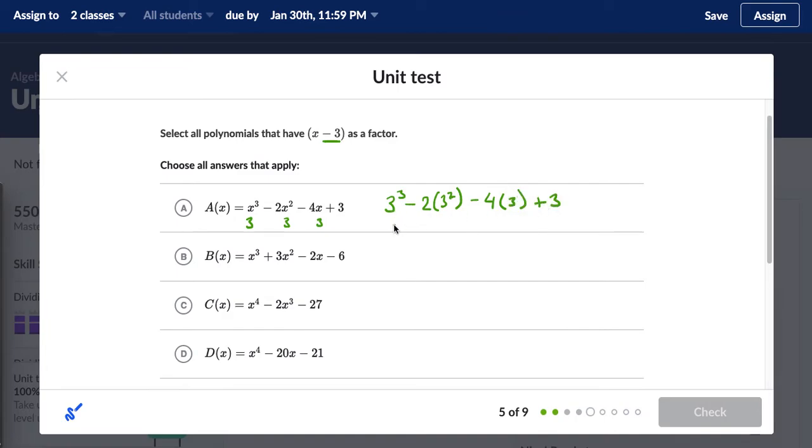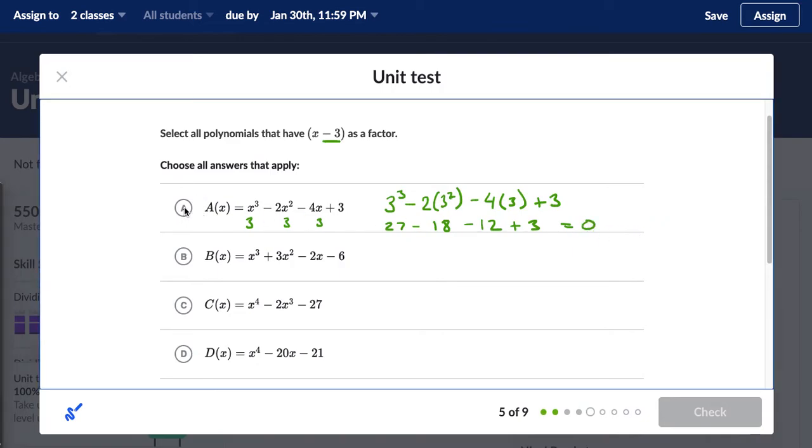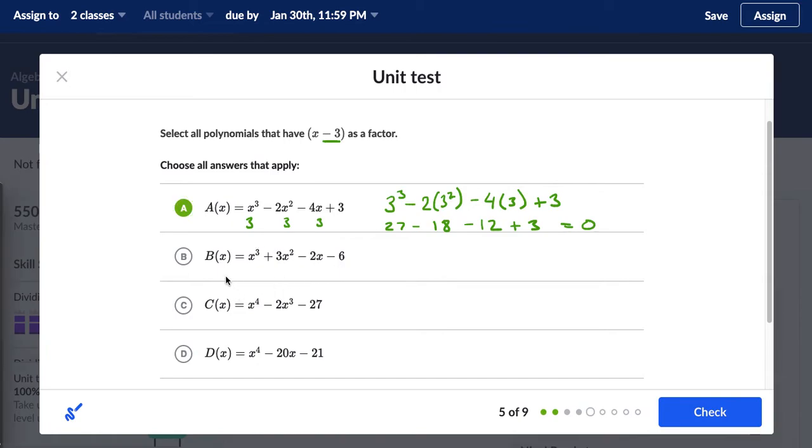So that there is 27 minus 18 minus 12 plus 3. So 27 minus 18 is 9, minus 12 is negative 3, plus 3 equals 0. So this one here is one of the ones we're looking for, right? So let's try the next one.